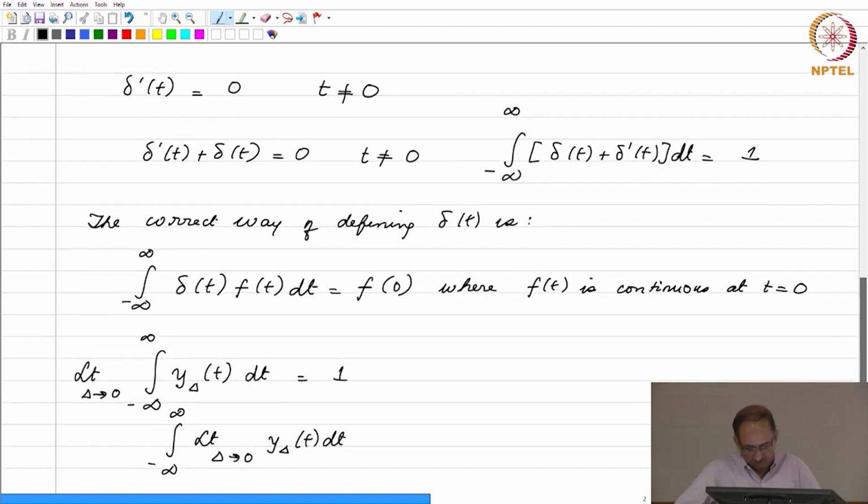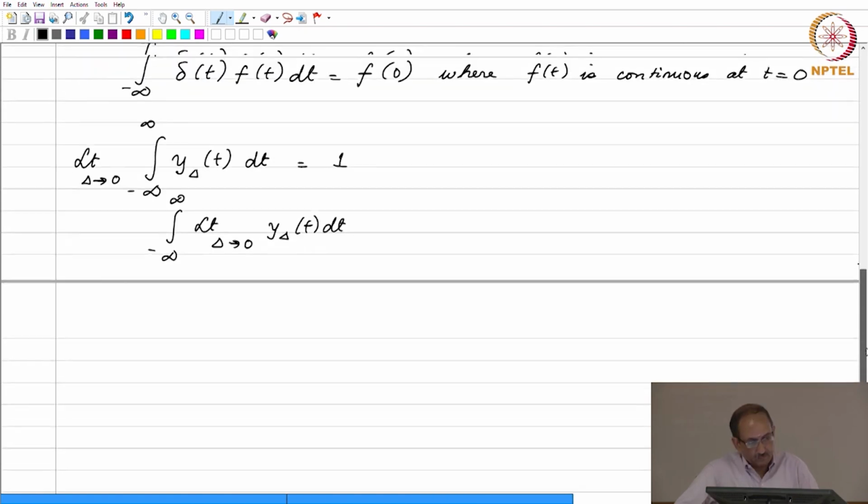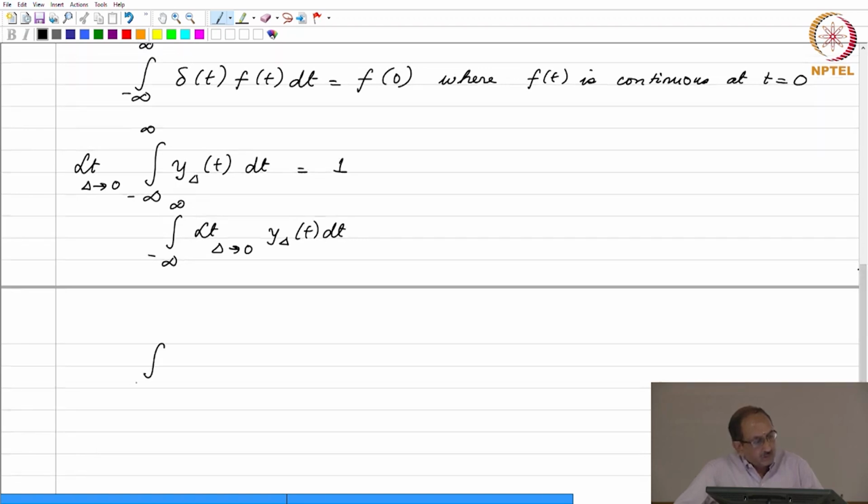and then we think that limit cap delta tending to 0 of y cap delta of t is delta of t, and then we come up with something like this.